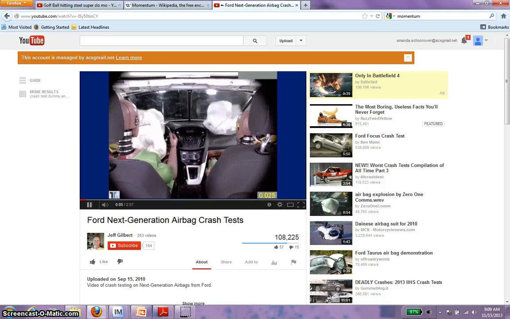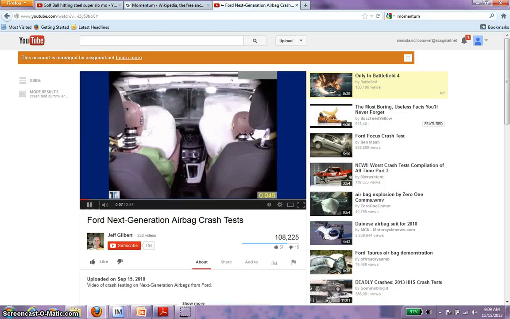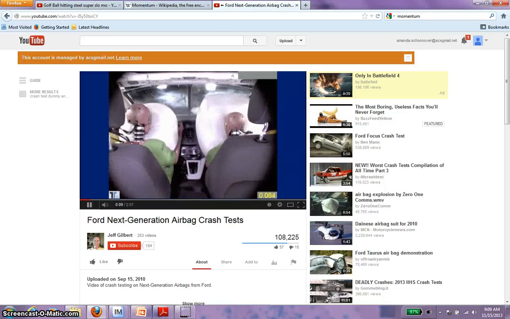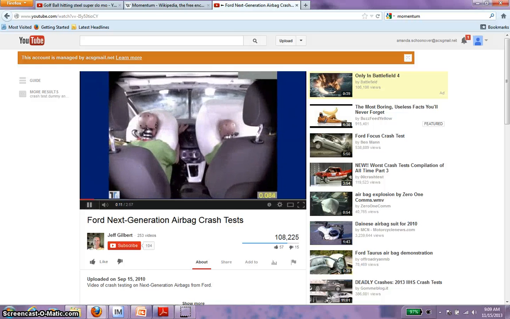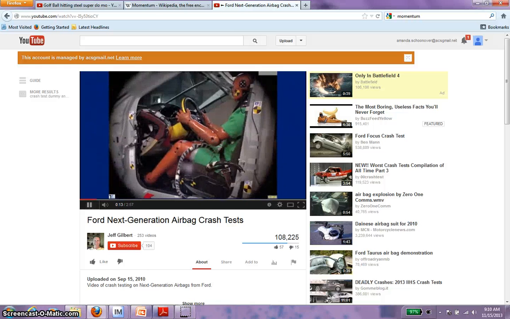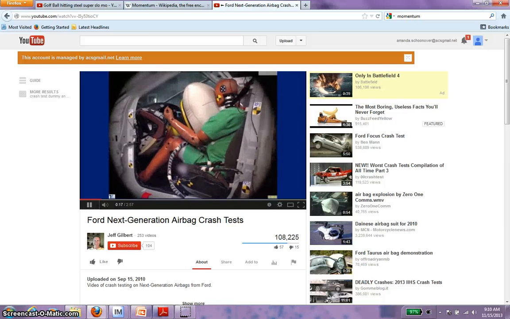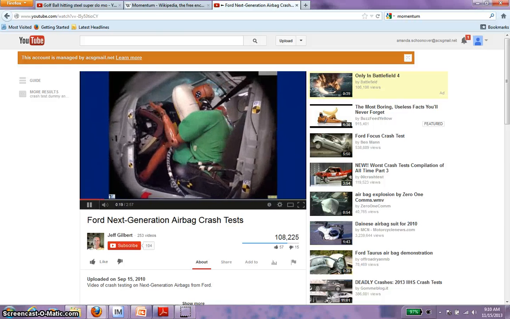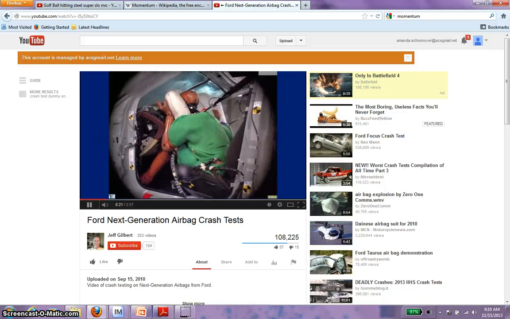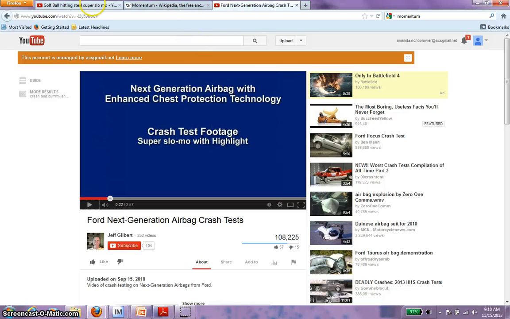So here there's two. You can see that as the crash test dummy hits, they are absorbed into the airbag, and therefore it distributes the force to change their momentum and stop them in an extended period of time rather than instantaneously, preventing damage from occurring.